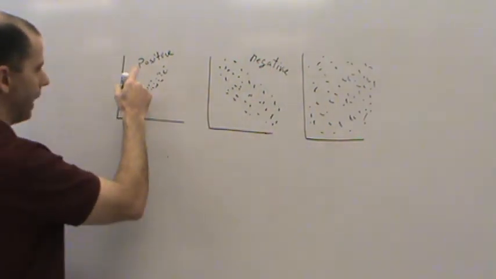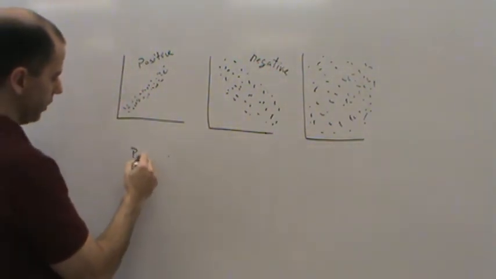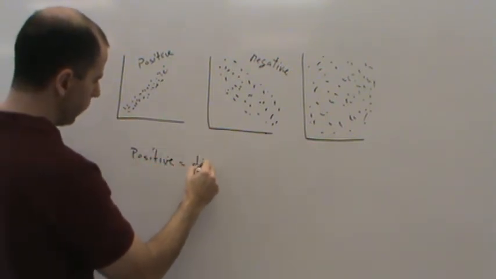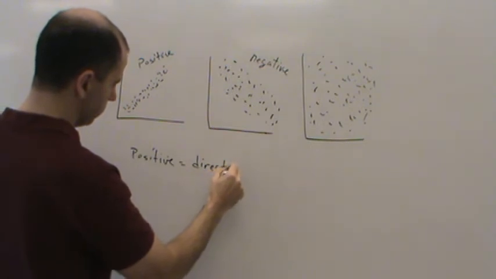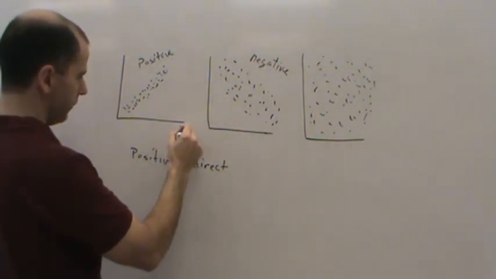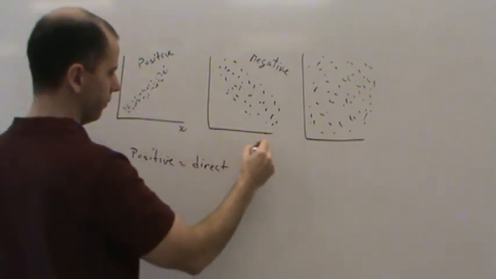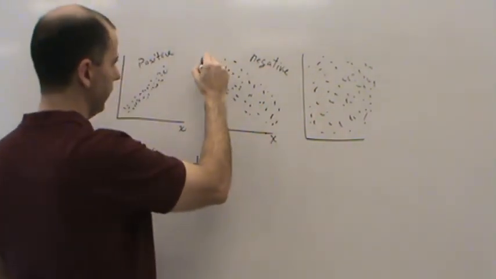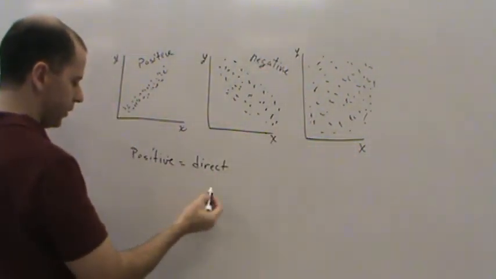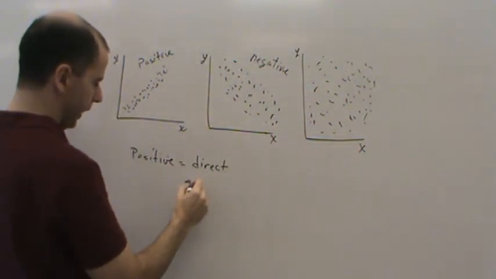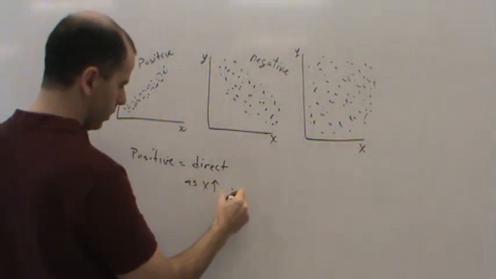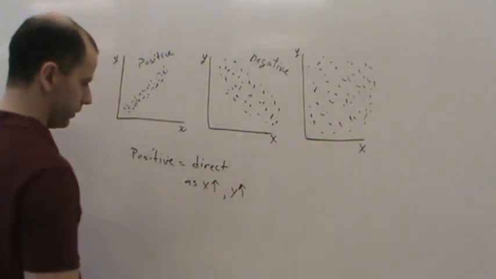Now, positive correlation is also called direct correlation, which means, if these are X versus Y, as that's typically what we have, in direct correlation, as X increases, Y increases.